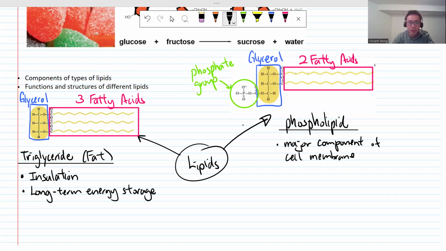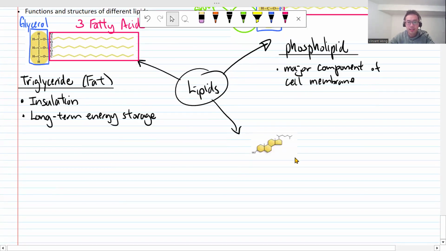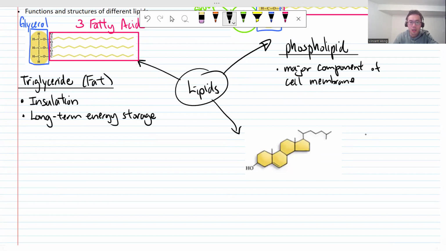Next, we also talked about steroid. That's another type of lipid. The major component of steroid is that it has carbon rings.